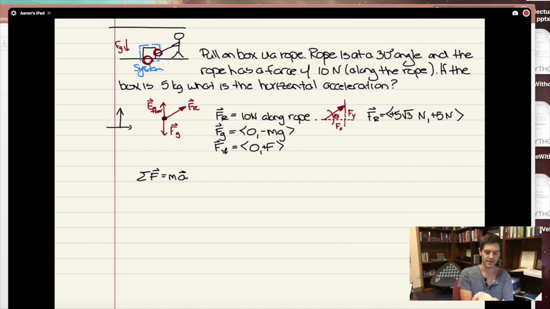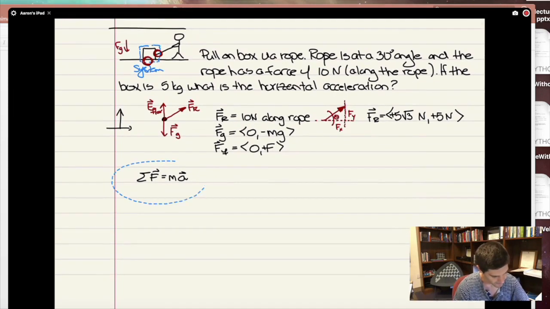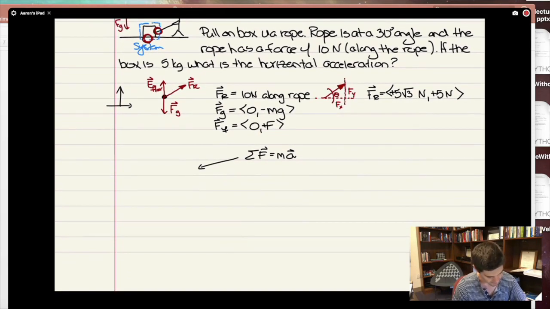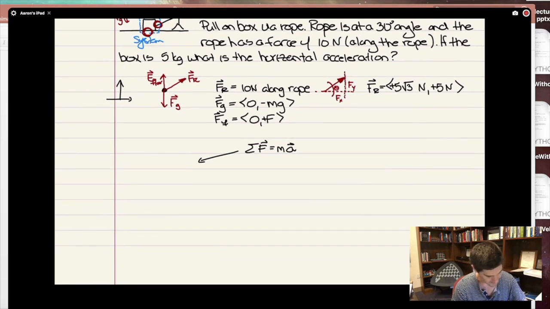Going back to the idea that you can treat each dimension independently, think about what's going on in the horizontal, think about what's going on in the vertical. I could write this as 2 different problems. I could do one problem over here, where I could say the sum of the forces in the x direction equals the mass times the acceleration in the x direction.